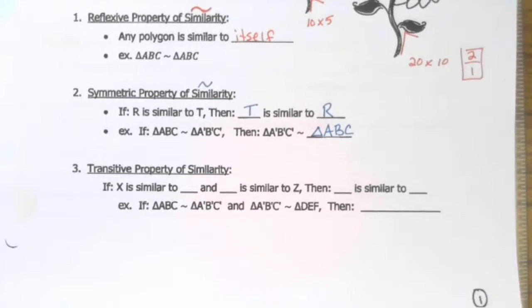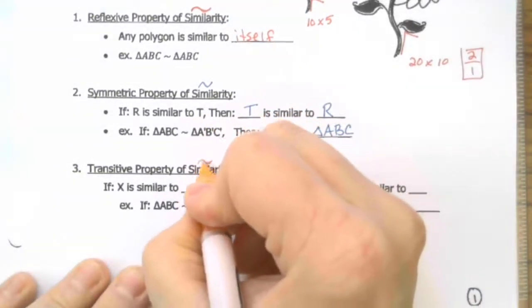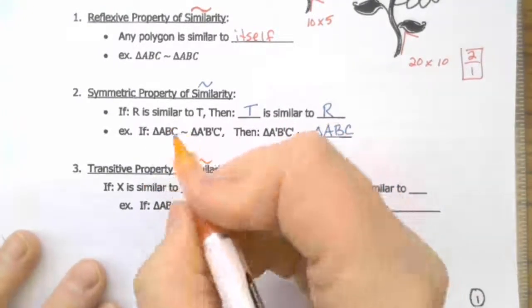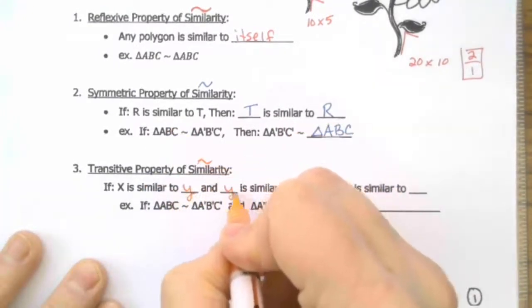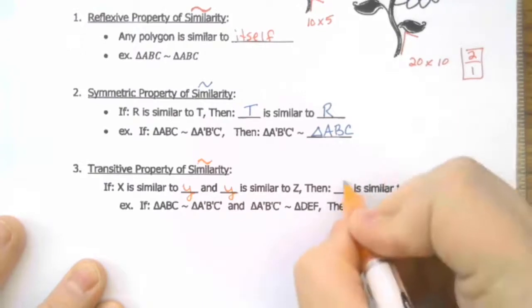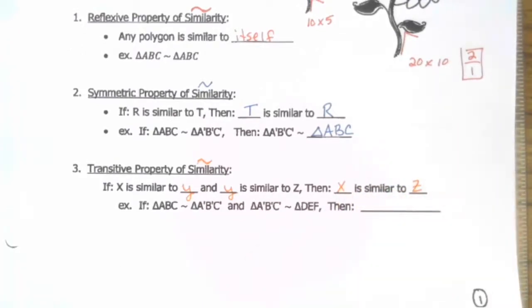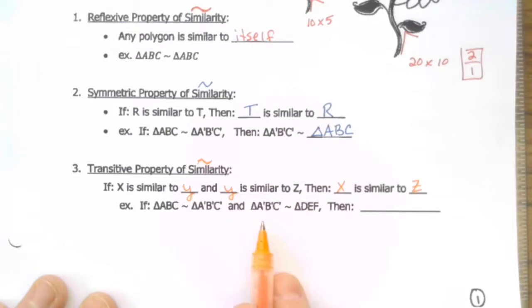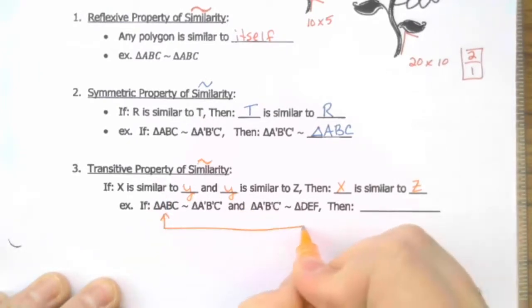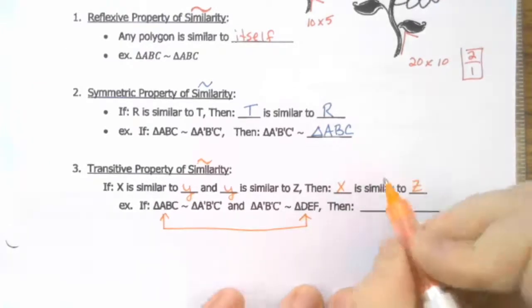So is the third property, which is your transitive property of similarity. If X is similar to Y and Y is similar to Z, then X is similar to Z. There's three parts to this one. So if ABC is similar to ABC prime and ABC prime is similar to DEF, transitive property says the first one and the last one must be similar.